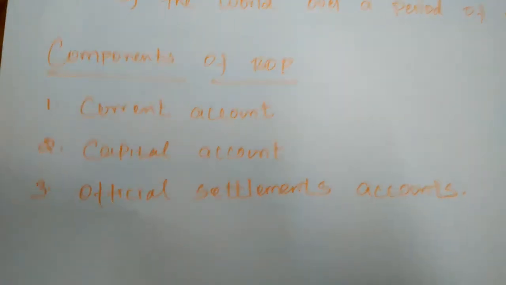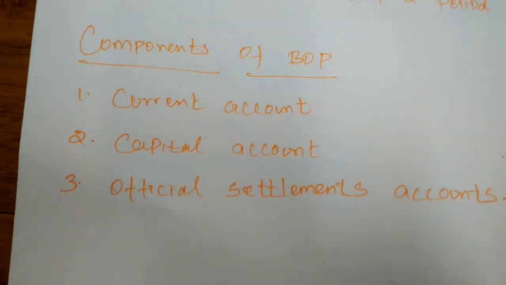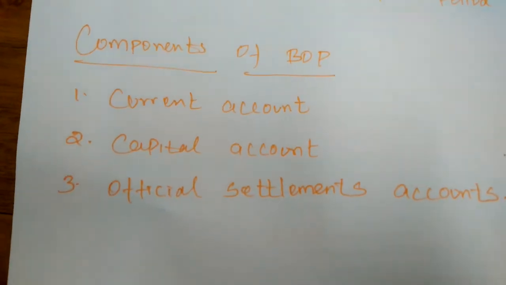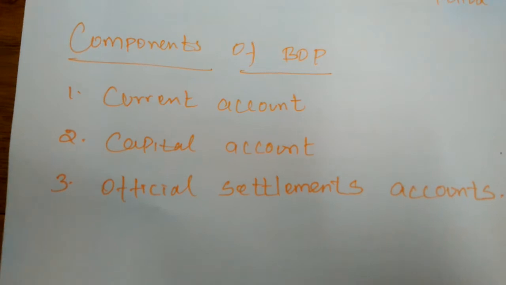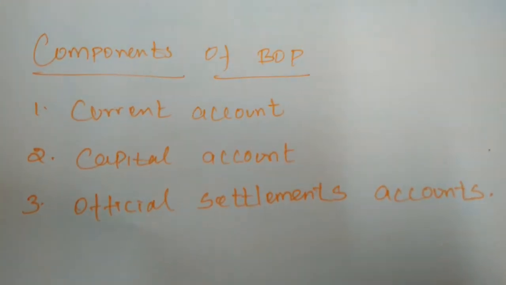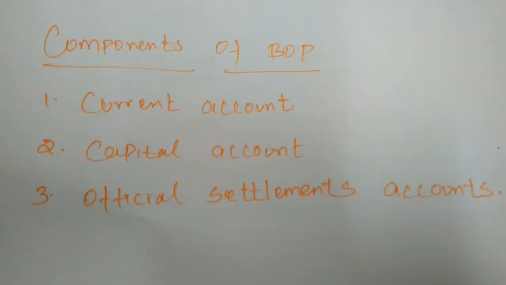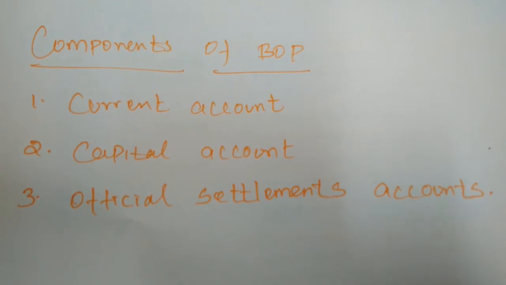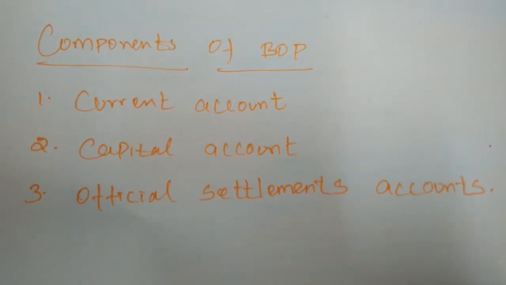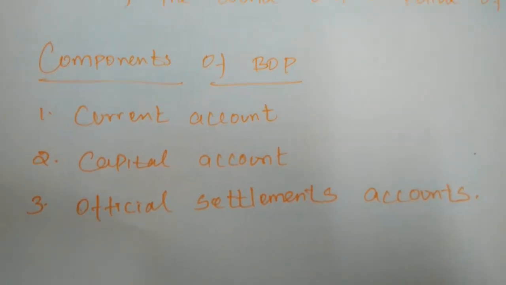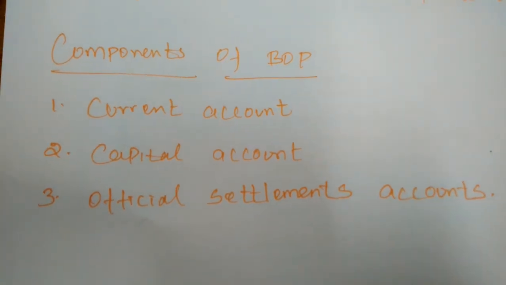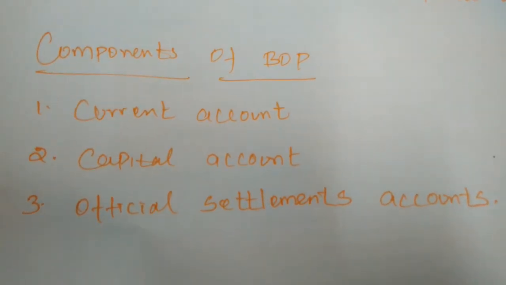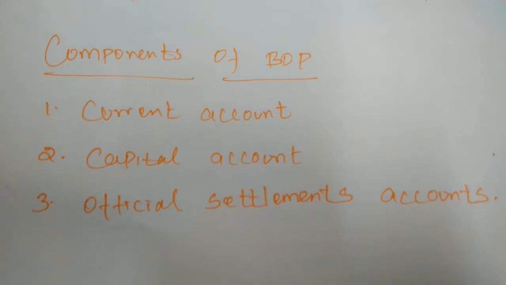One prime minister also will provide a gift to another prime minister, or some individual people also will provide gifts. And some foreign aid. Foreign aid means some trusts also will be receivable, funds from other nations. This also will come to the current account.